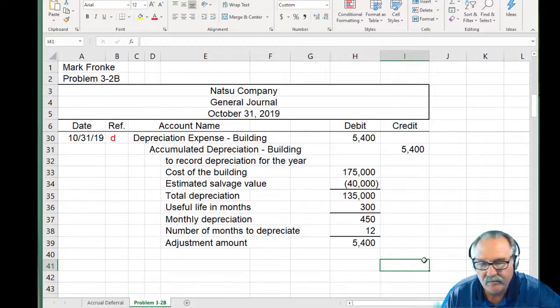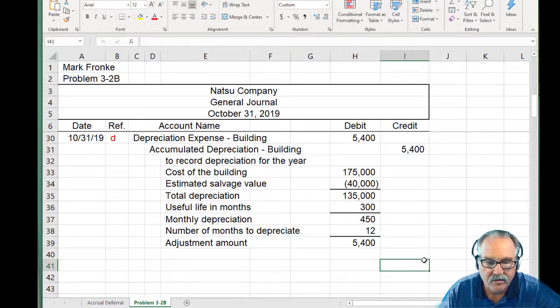It's an estimate, but that's okay because we think that the building is going to depreciate $135,000 over that 25-year life. The life in months, 25 years times 12 months is 300 months. So our monthly depreciation is $450.